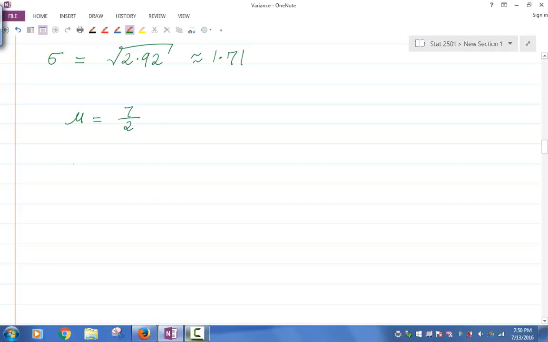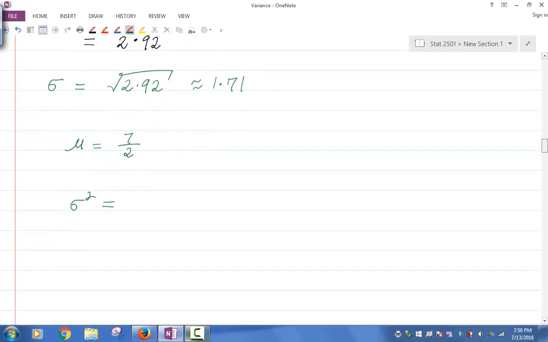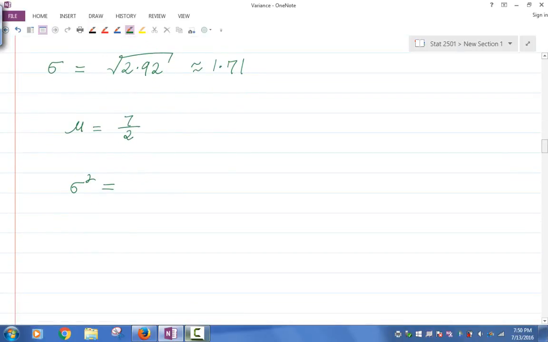So the variance sigma squared would be the sum over all values of x, where from x you subtract the mean and you square it, multiply by the probability of x. So that's the variance definition.